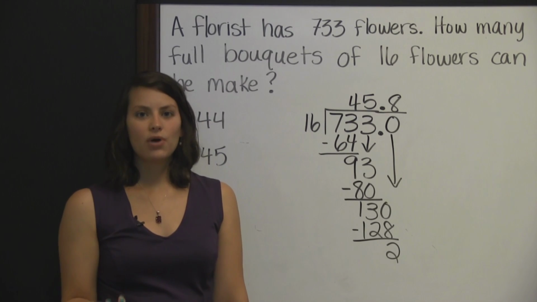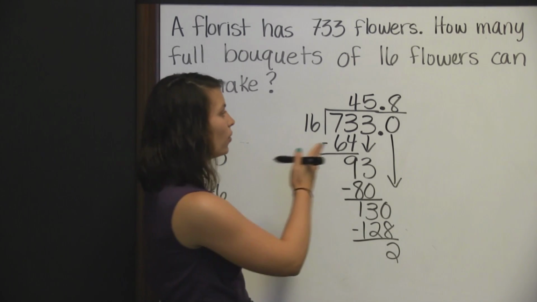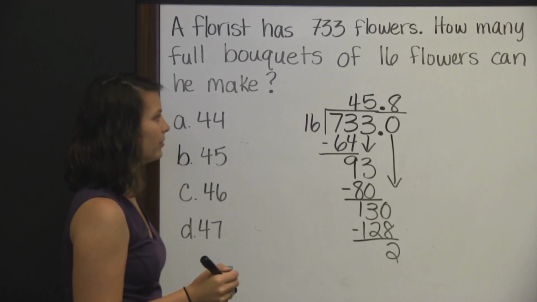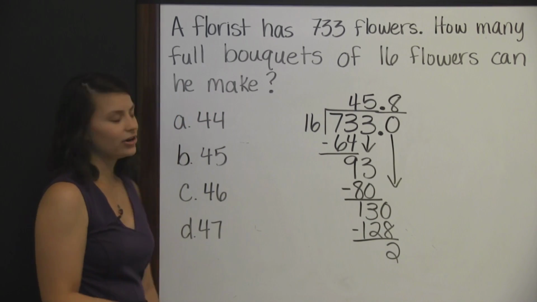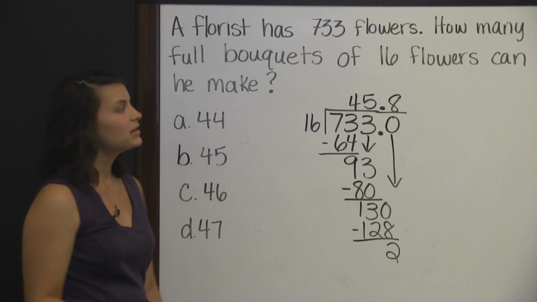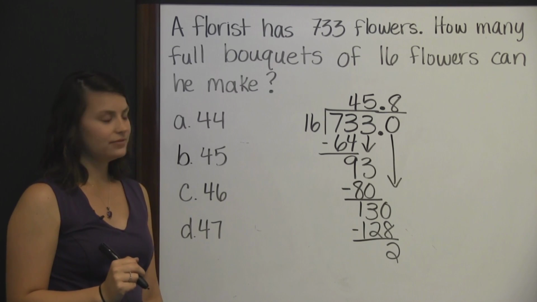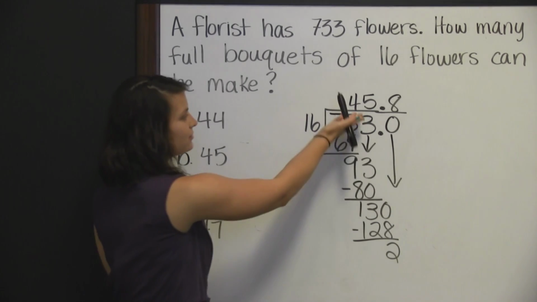And we could continue on until we have no remainder left, and we could find out what our whole answer is, the whole decimal number. But really, it's not necessary. If we look at our answer choices, we've already found our answer. We were asked how many full bouquets could be made out of 733 flowers, and we found it.